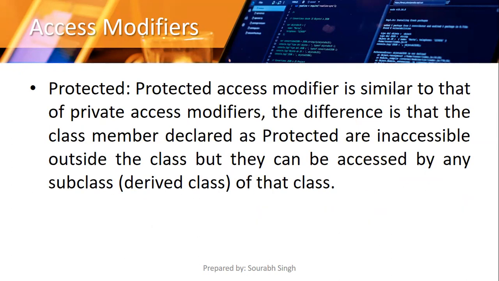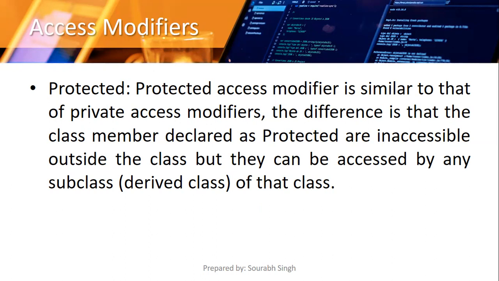And the last thing in the access modifier section is protected. If we denote some members as protected, the protected access modifier is similar to the private access modifier itself. The difference is that class members declared as protected are inaccessible outside the class. Till here the definition is the same for private and protected.